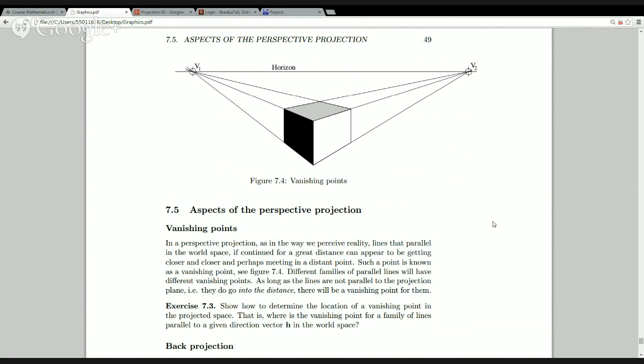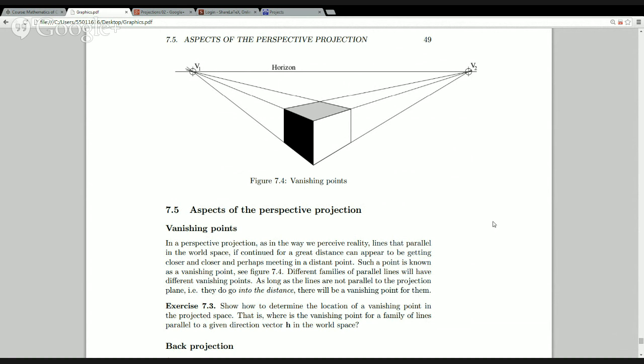P gives you the actual position of the line in the world. So we're imagining here a bunch of different lines, but they all have the same direction vector h, but different reference points p might determine different lines.